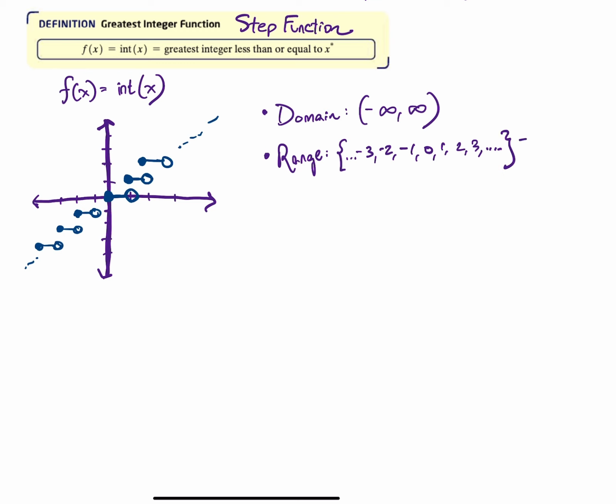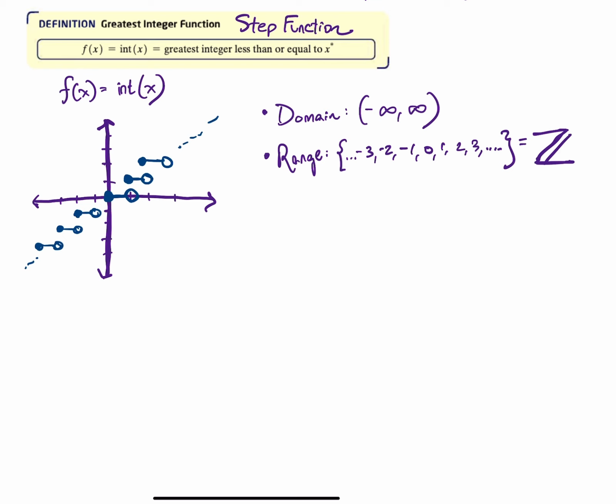So we can abbreviate this using this notation. It's like a Z, the set of all integers. Similar to if we were to say R, the set of all real numbers, this is set notation for all of the integers. Now, what kind of symmetry does it have?